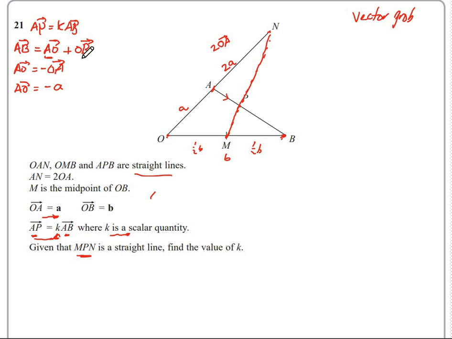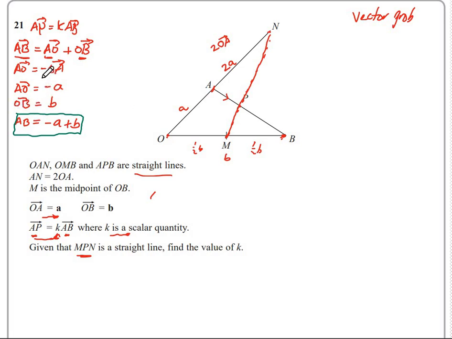OB equals B. And so AB equals AO, which is minus A, plus OB, which is B. Again, I'm going to draw a nice box around this in a different color so it stands out. Alright, so AB equals minus A plus B.